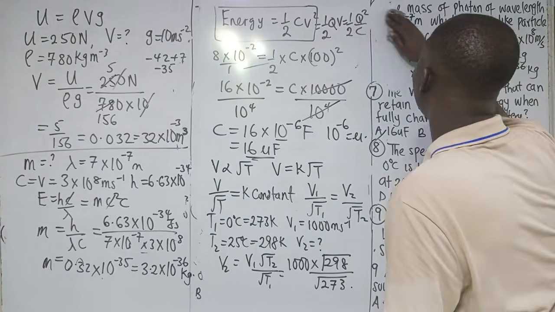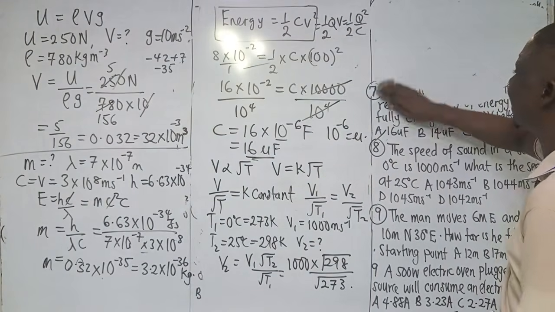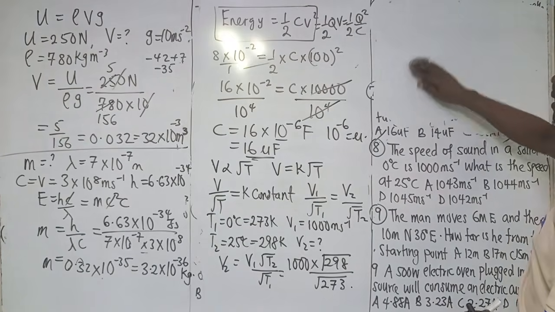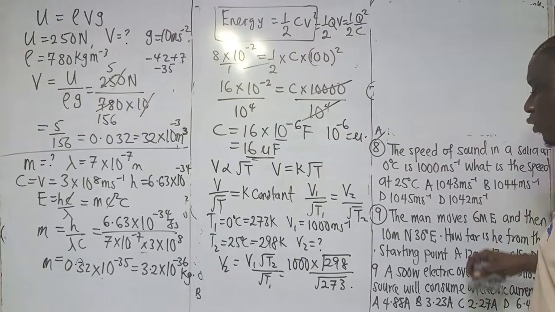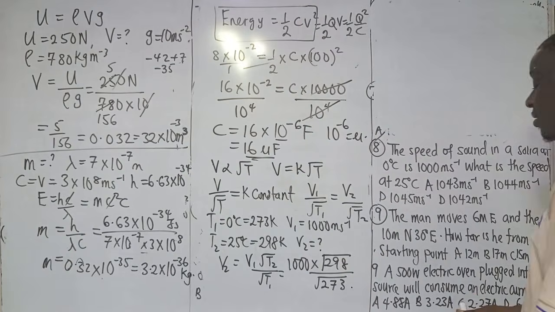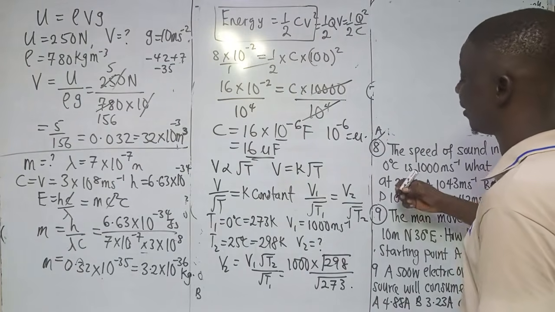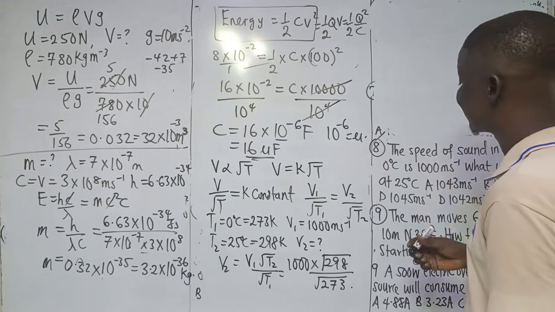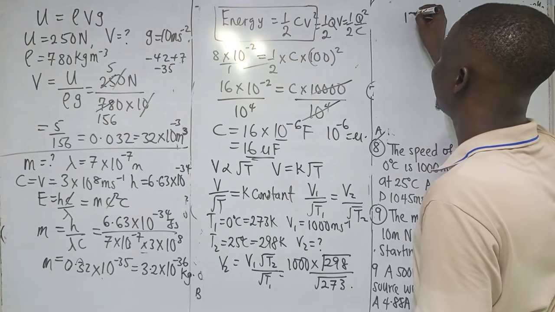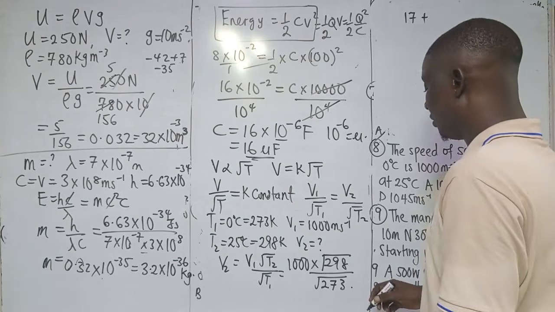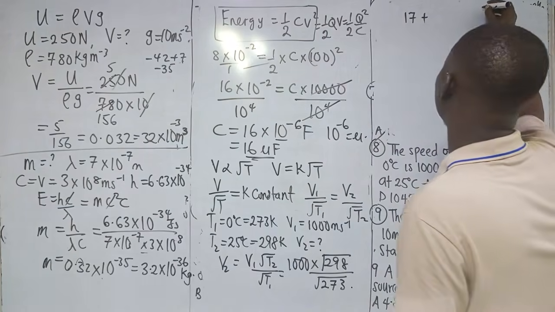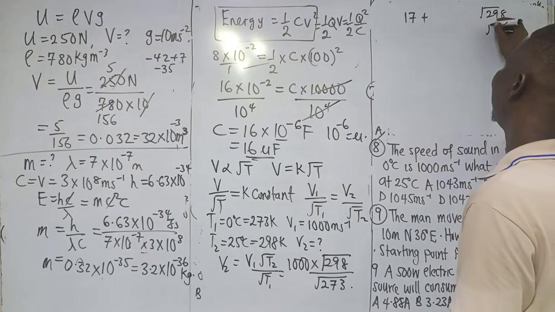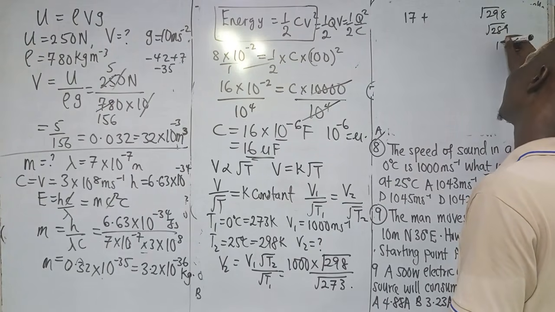If you play with that solution, don't forget, the perfect square closer to 298 is 289, and the square root of 289 is 17.